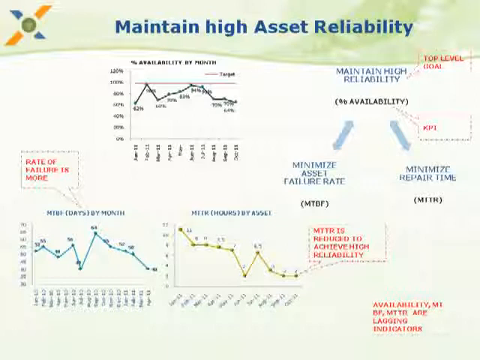MTTR has also reduced, so probably the training initiative has helped. But overall, the availability has reduced. So KPIs and trending of these KPIs can help you identify the bottlenecks or the problems.